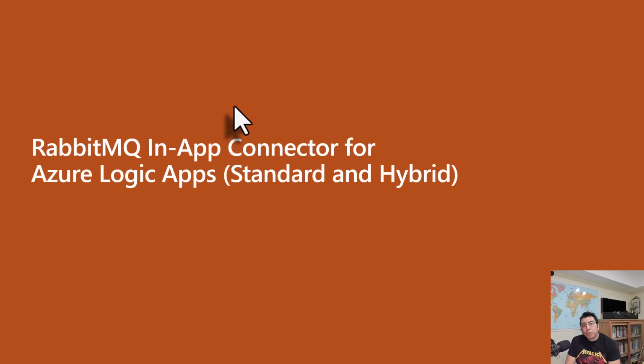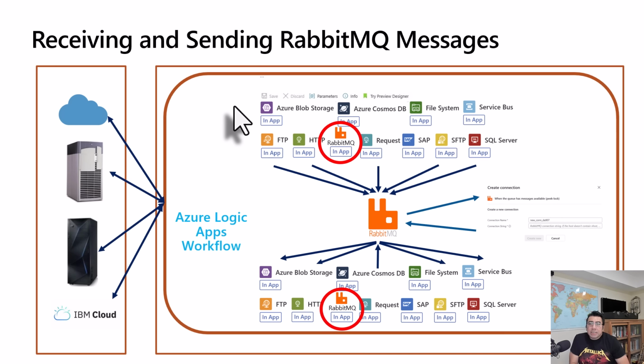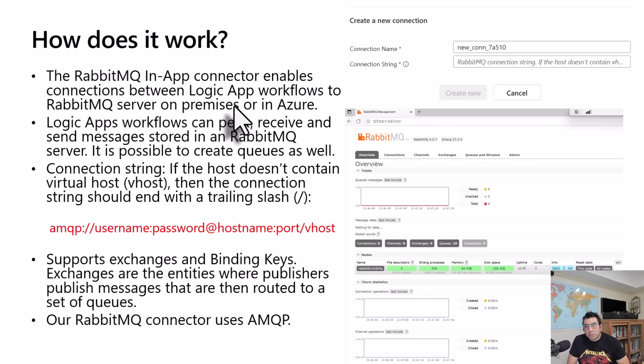We have now provided a connector, the in-app connector for RabbitMQ, that is available for Logic Apps Standard and Hybrid. Basically, the idea of this connector is to allow receiving and sending RabbitMQ messages. For receiving, we have a trigger, and for sending, we have actions, and we will go through them very soon.